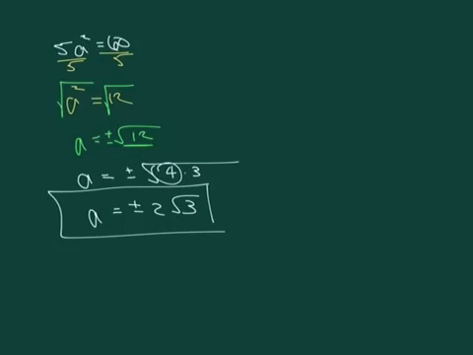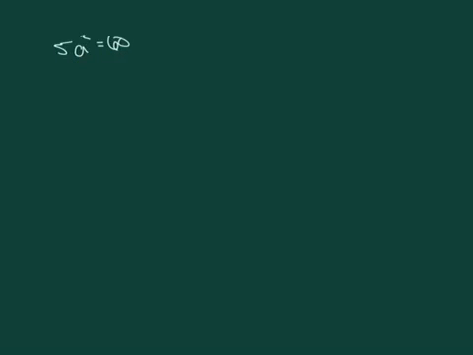Alright, let's jump to example number 6. So I have y plus 4, and let's square that, equals 25. Alright, so remember, we're trying to get rid of this radical. First of all, we isolate the exponent. We've isolated it here, right here.